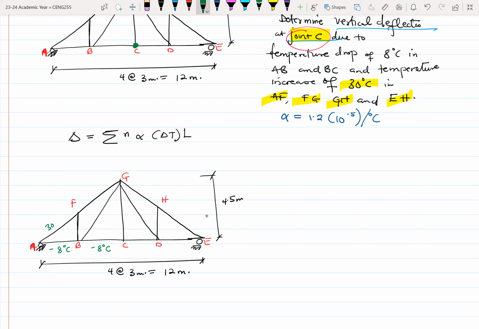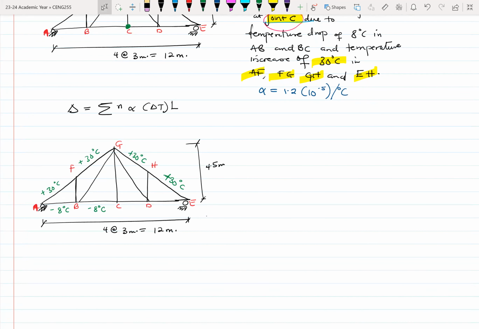So it becomes a plus. Then member FG also 30, so plus. Member GH also an increase. So yeah, 4 members with increases. All right. So this is what we have. The other members, there's no change in their temperature.